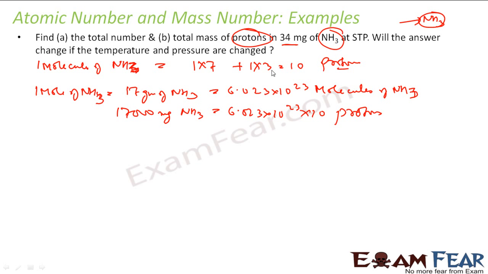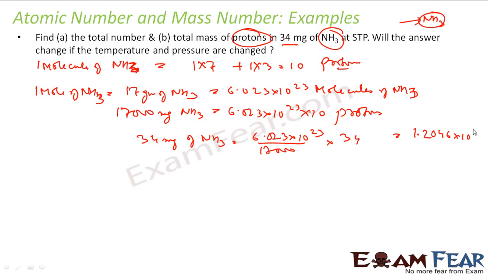I'm looking for 34 milligrams, so my 34 milligrams of NH3 will have these many protons, divided by 17,000 into 34. So what you get is 1.2046 into 10 to the power 22 protons. So these are the number of protons I have.